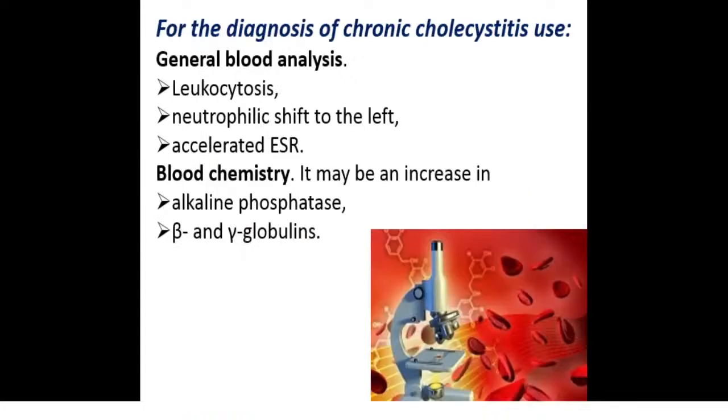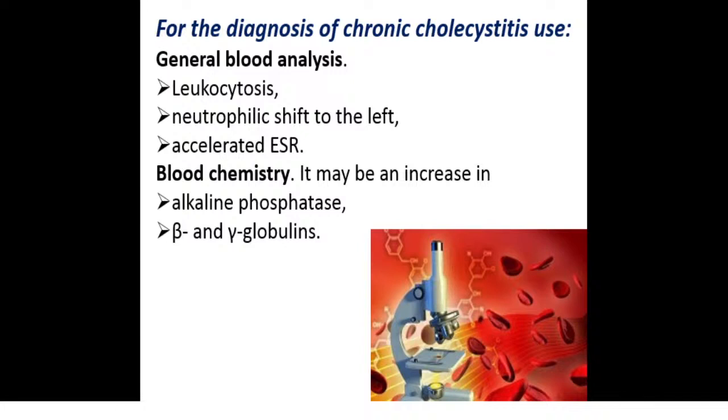For the diagnosis of chronic cholecystitis we use a general blood analysis, and we can determine increased leukocytes, a shift to the left of neutrophils, and increased ESR. If we do biochemical examination, we can determine increased alkaline phosphatase.